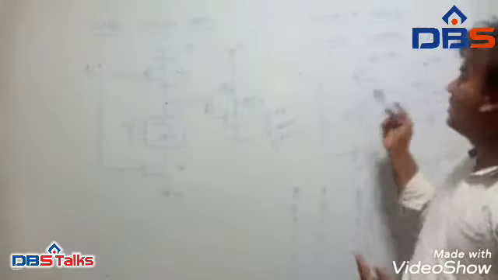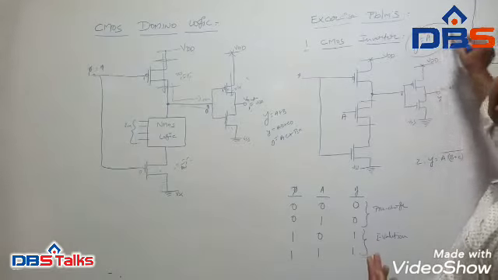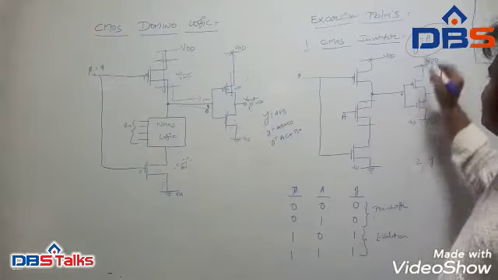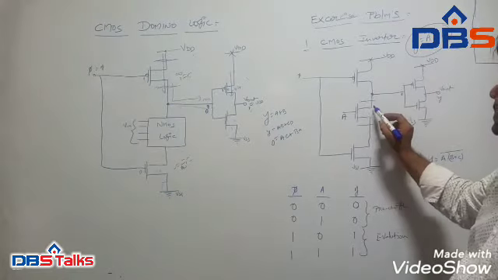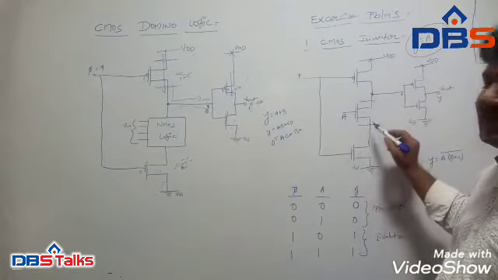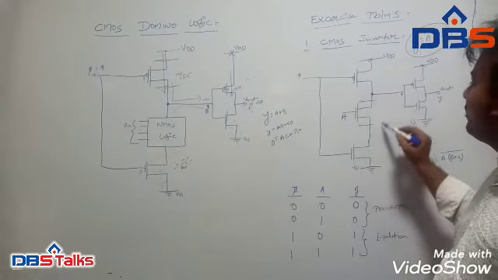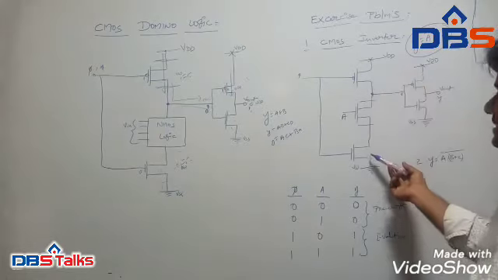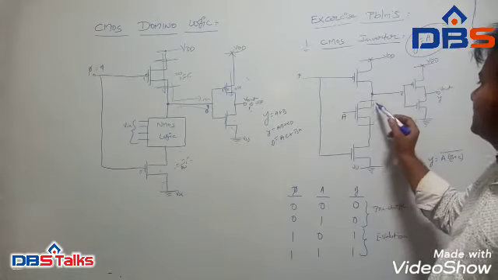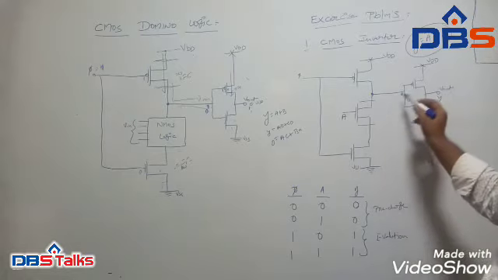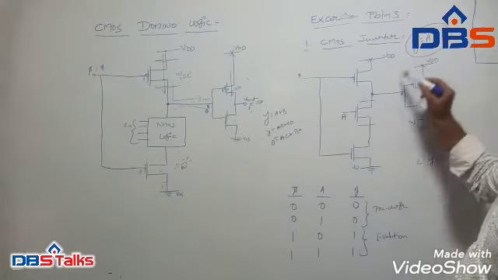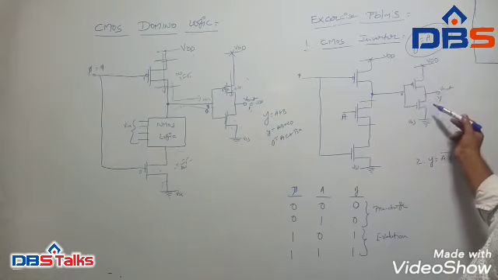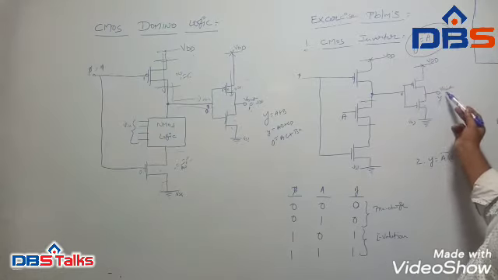The given logic functionality has only one variable, so I placed one NMOS transistor between the pre-charge transistor and evaluation transistor. The output of this NMOS logic is followed by a CMOS inverter, the combination of PMOS and NMOS, and finally we get the output.